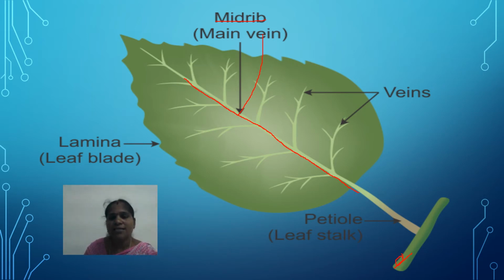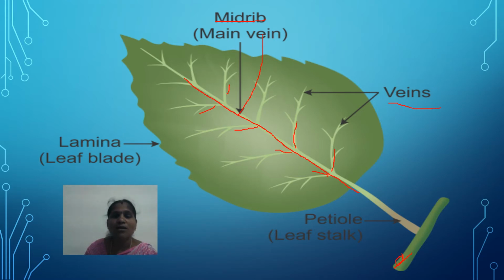It has side veins from the main vein. Observe, all the side veins start from the main vein itself. These are like branch veins, and we call them side veins.